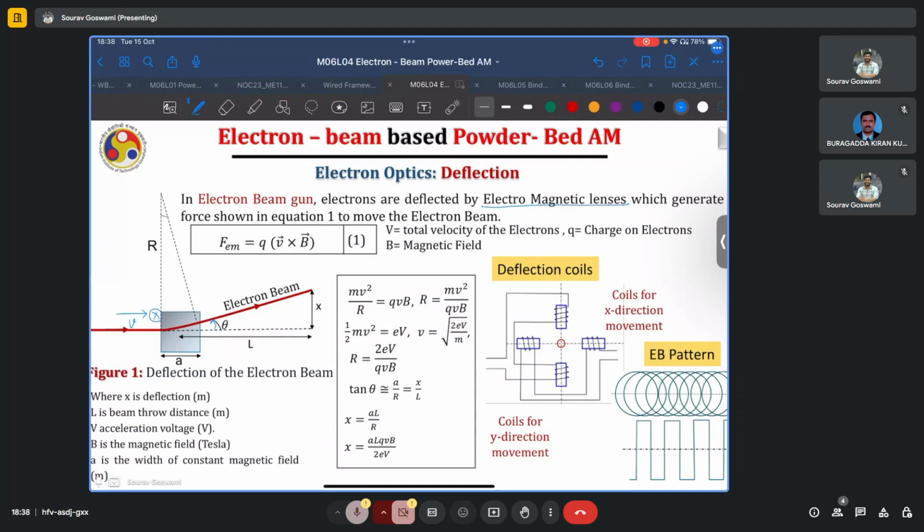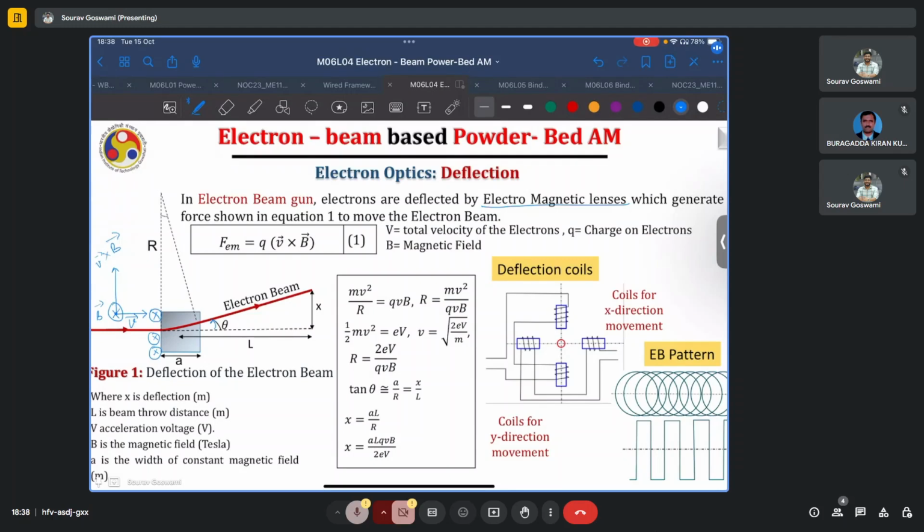So that is, it goes into the plane. And now if you were to do a cross product of V cross B, we can see that the cross product will have a direction as shown here, which will result in such a deflection by angle theta from the initial traveling axis.